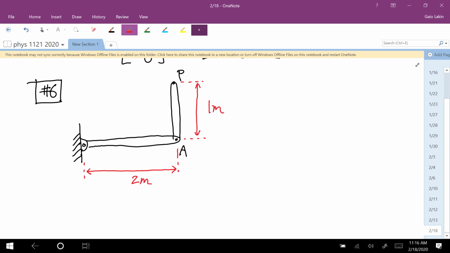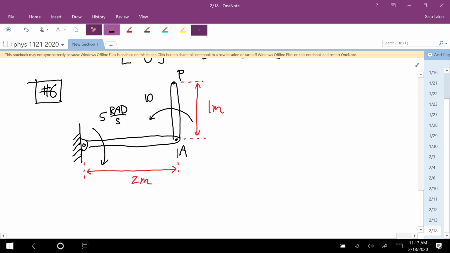And the longer one has a constant clockwise angular velocity. So clockwise is this way, of 5 radians per second. And the shorter one has a constant counterclockwise angular velocity of 10 radians per second.